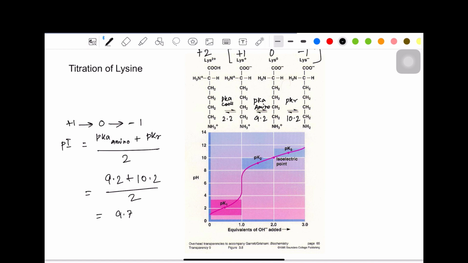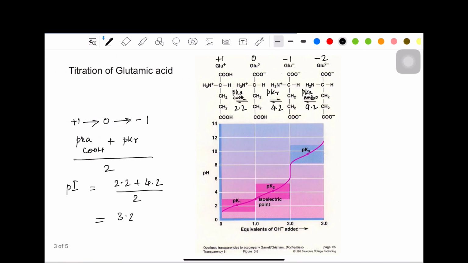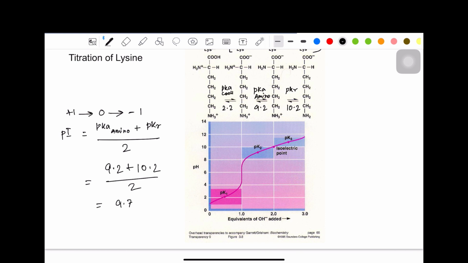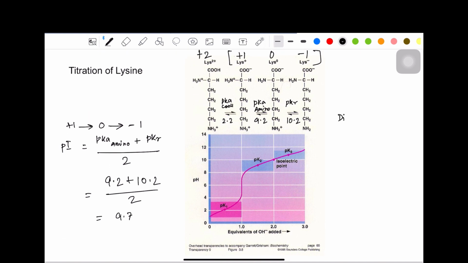So the pI of lysine we have calculated is 9.7, and the pI of glutamic acid we have calculated is 3.2. So now we can calculate the difference. The difference in the pI is 9.7 minus 3.2, which is 6.5. So that will be our answer, right?